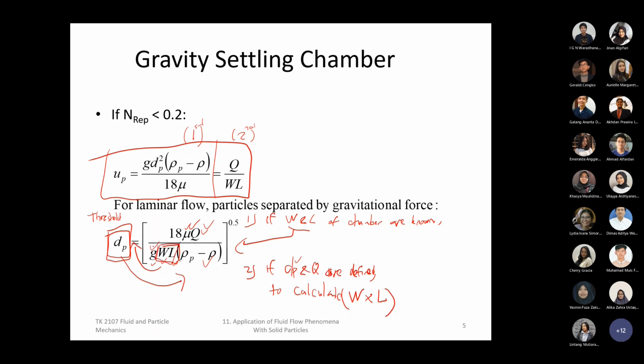Then you can use that correlation to calculate my surface area. W multiplied by L is the surface area. So if that's my chamber, that's my length, that's my width, then you can define what should be your surface area to make sure that the vertical settling time can be reached before it exits the end of the horizontal chamber.